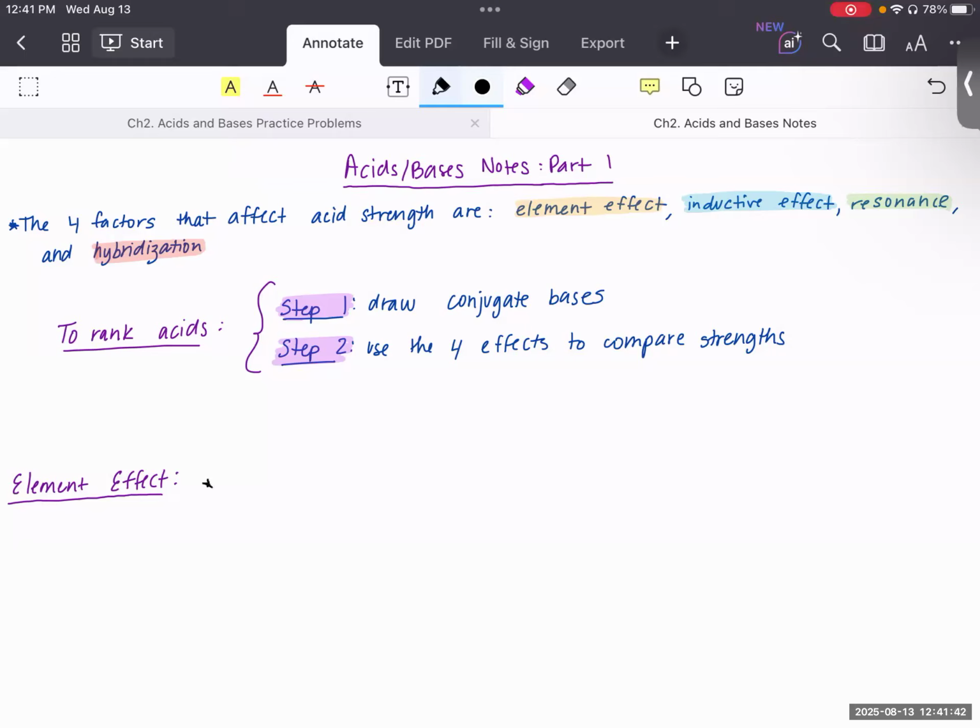The first is that across a row, the acidity of an acid increases. And I'll use HA to represent the acid. And this is because the electronegativity of the element A increases. And so we can draw out an example of this in a second.